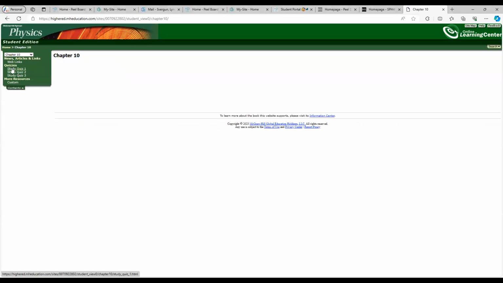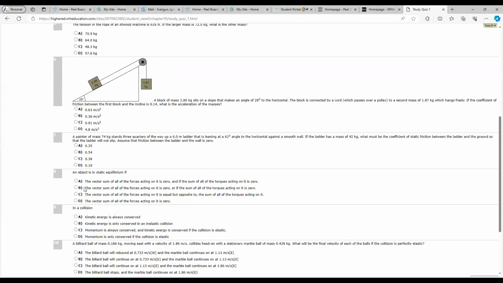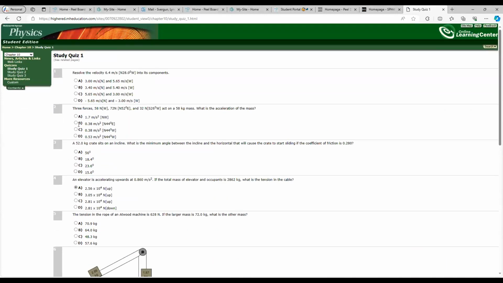So study quiz 1, 2, 3, for example, for this chapter. When you see a question, you try to solve it and then choose any answer. What do you think? For example, I select A for everything.